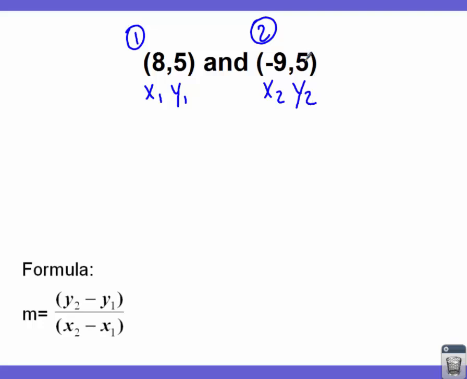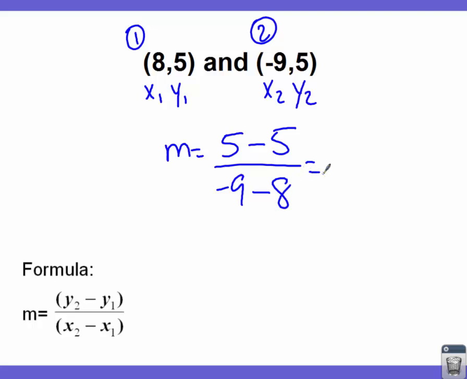So this is our y1, so slope is equal to 5 minus, and our y1 is 5, divided by x2 minus x1. We got 5 minus 5 is 0, and then negative 9 plus negative 8 gives us negative 17. So our slope is 0 divided by negative 17, which we know will make our slope just 0. And yes, you can have a slope of 0.